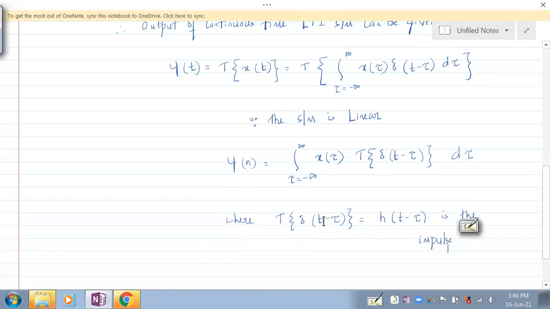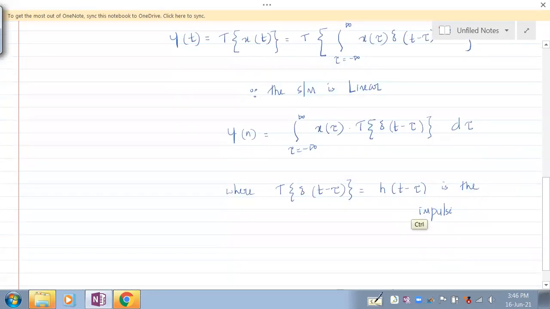If delta of t minus tau is the impulse function in continuous time, then the response to this impulse function is the impulse response. That's it. So this is y of t.